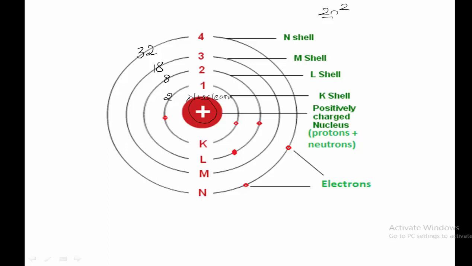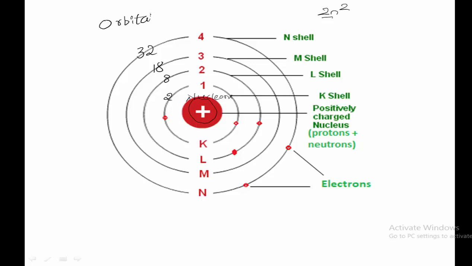Now again in this orbit, the electrons are found in certain regions. They are not found throughout the orbit, but in certain regions, and the region where you find the maximum probability of finding electrons is said to be orbital.